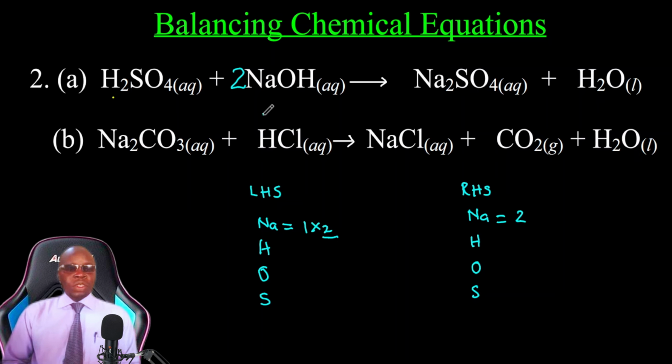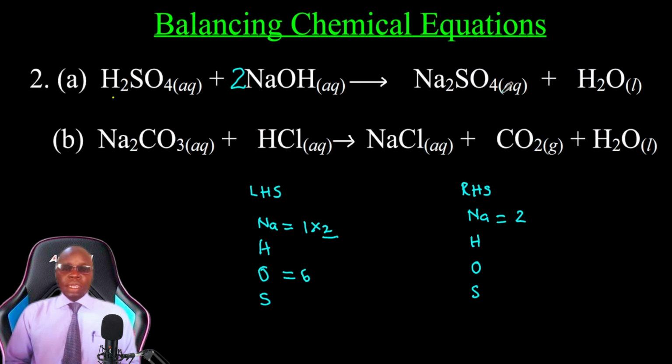Now by placing so, you will see that these two will affect the number of atoms of oxygen and hydrogen. So we multiply here 2 times 1, we have 2 atoms of oxygen plus these 4 atoms of oxygen, making 6 atoms of oxygen. So let's place it here.